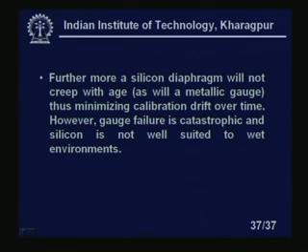That is why I am telling you that silicon is not well suited to a wet environment, right. It is very difficult to control what type of environment it will be, and that might be a wet environment also.